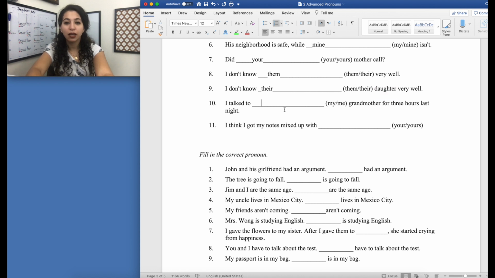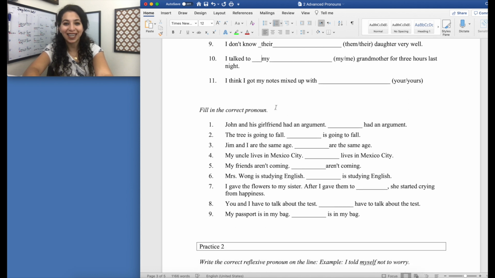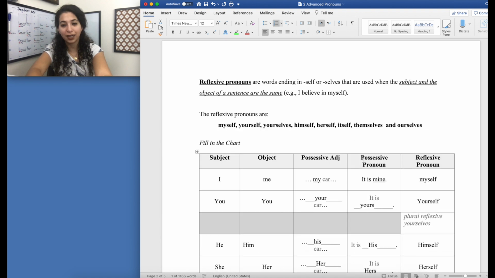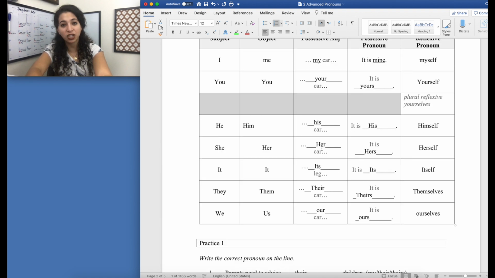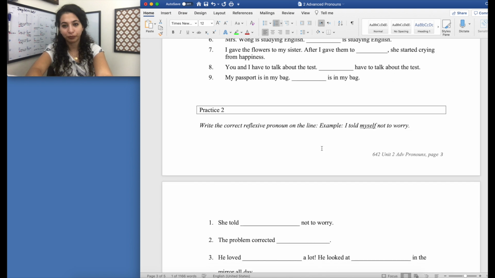I talked to my grandmother for 3 hours last night because my is giving us more information about the grandmother. I think I got my notes mixed up with yours. Okay, I got my notes mixed up with yours because your notes would have been the words that we are replacing. Remember, if it's a possessive pronoun, it's replacing a possessive adjective and a noun.